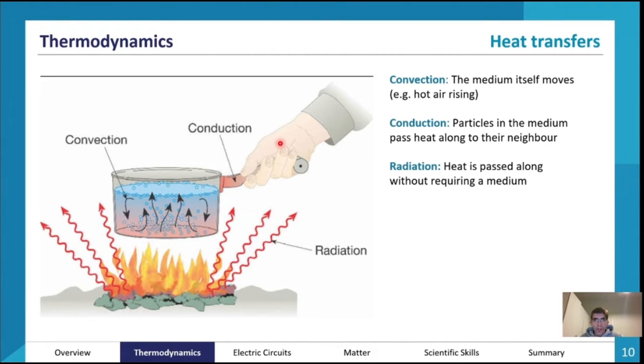Conduction, on the other hand, has to do with the fact that particles in the medium will pass along the heat to the particle that is adjacent to it. So I think, first of all, let's emphasize again convection. Convection is hot current moves to the top, cold current moves to the bottom.